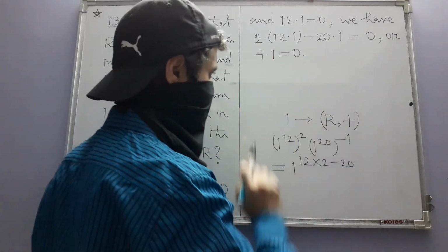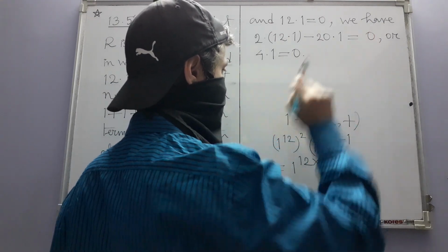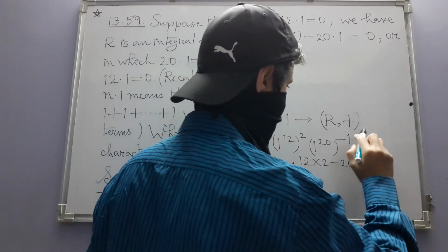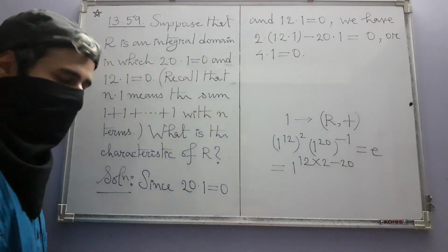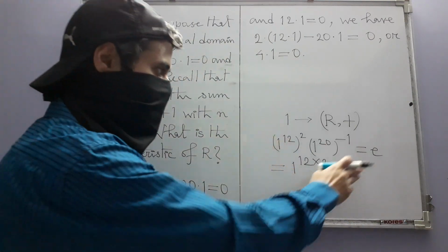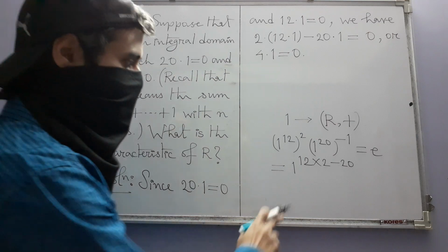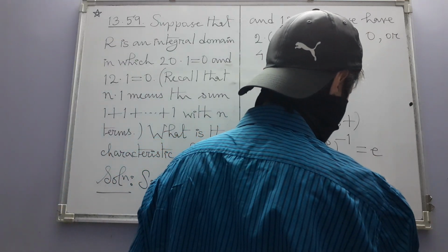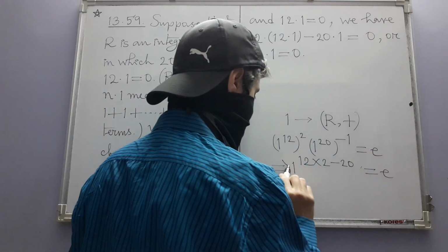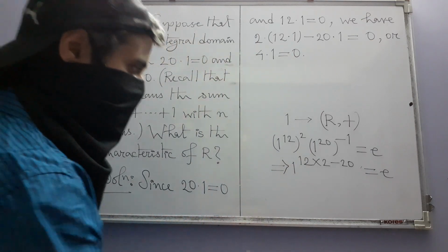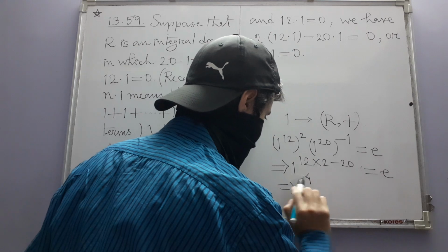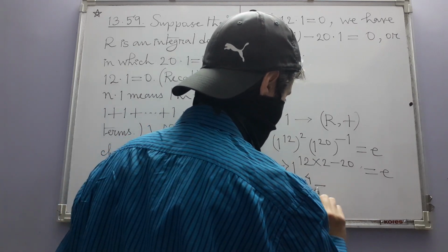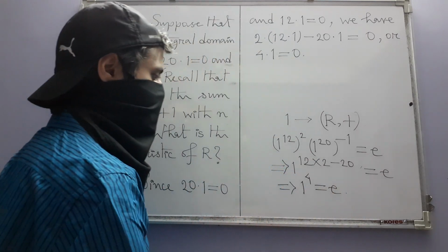And in the multiplicative notation, in place of the identity element 0, you can just simply write the E. E of course is 0 in this group, but that is E. So this becomes equal to E then, which just simply means that the fourth power of 1 is equal to the identity.